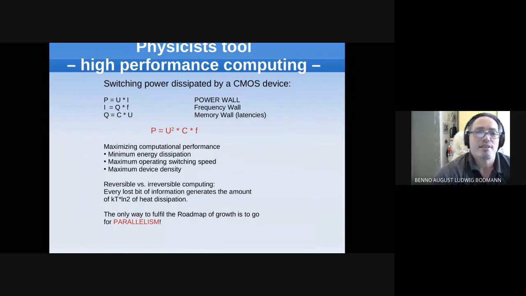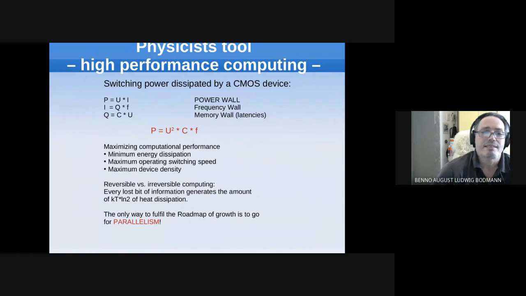If you use the basic laws, the power is the voltage times the current. The current can be expressed as the charge times the frequency, and the charge is the capacitance times the voltage. So if we combine these laws, we end up with the power dissipated being proportional to the voltage squared and to the frequency.